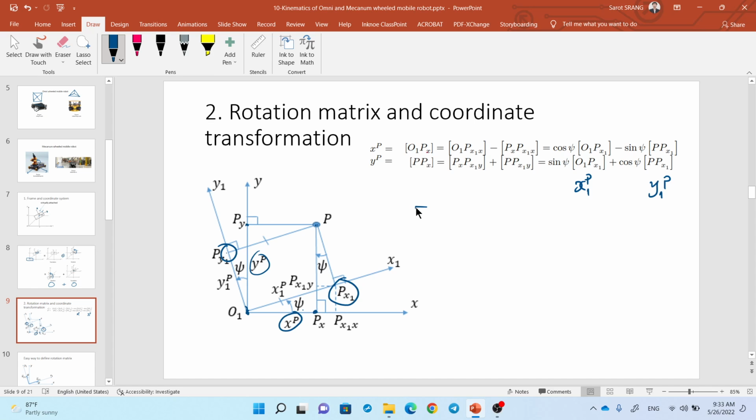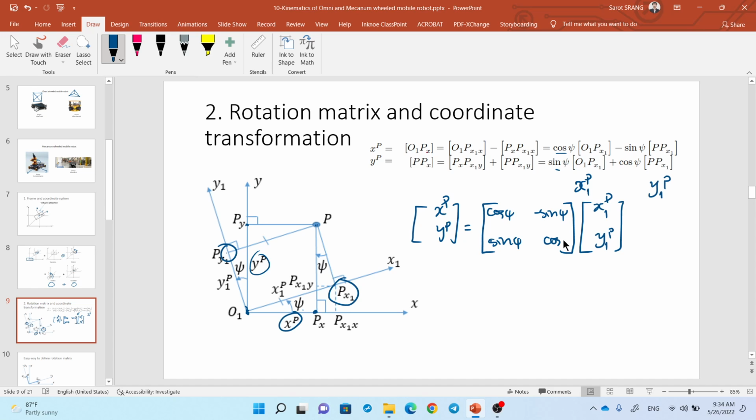So here you can have HP, YP equal to H1P here and Y1P here. And what should be filled in here? Yeah, this term: cosine psi, sine psi, minus sine psi, and cosine psi. And this one is called the rotation matrix.